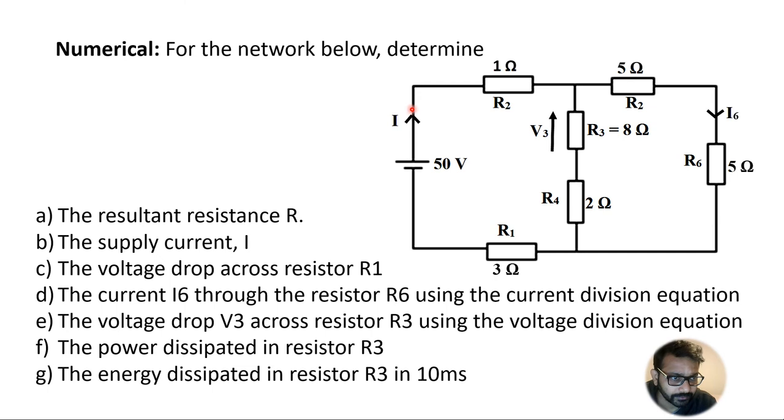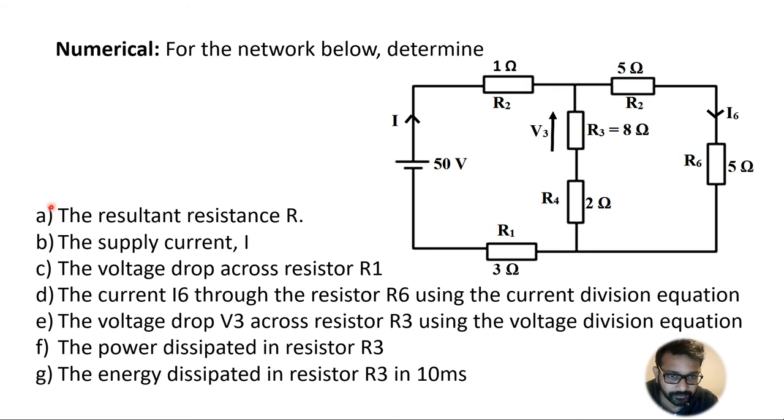If we look at the circuit, it's quite complex, and it includes several resistances which are connected in series as well as in parallel. So now let's start solving this numerical.